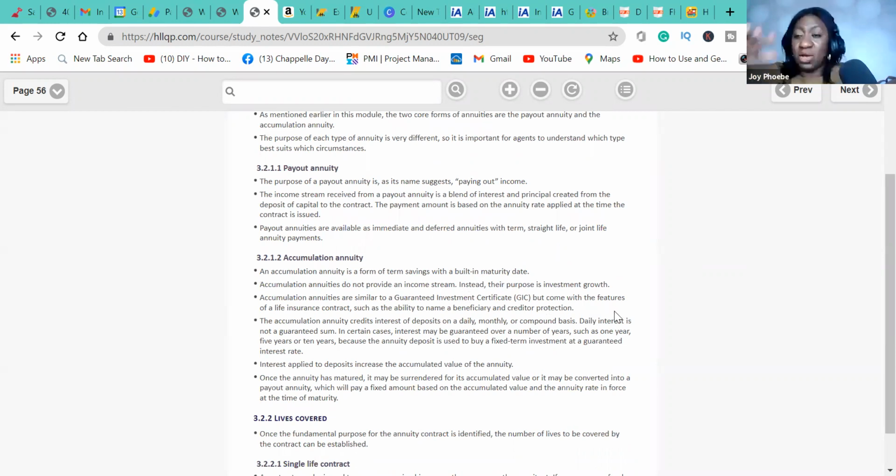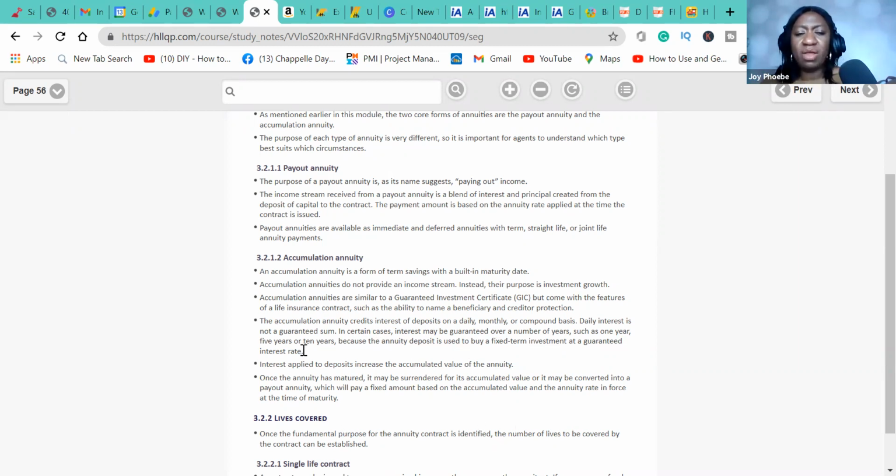Instead, the purpose is to invest and grow until a specific time and then accumulate, just like the name, to accumulate funds for a specific purpose at a later date, which you can then use to do other things. The accumulation annuity credits interest on deposits on a daily, monthly, or compound basis. Daily interest is not a guaranteed sum. In certain cases, interest may be guaranteed over a number of years.